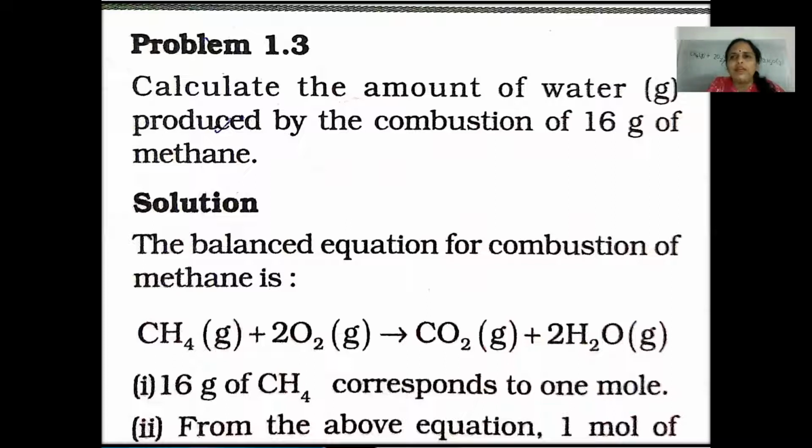And remember, any hydrocarbon, when treated with oxygen, always forms carbon dioxide and water as byproducts. So 16 grams of methane are given, and you need to calculate the amount of water in grams. Look at this equation once again.